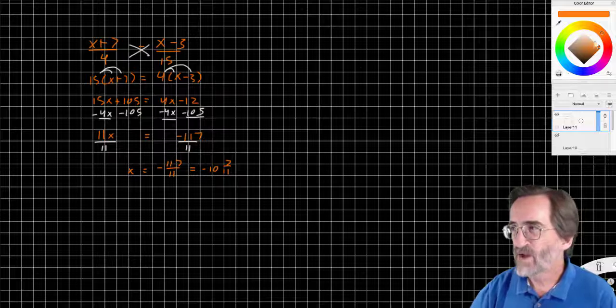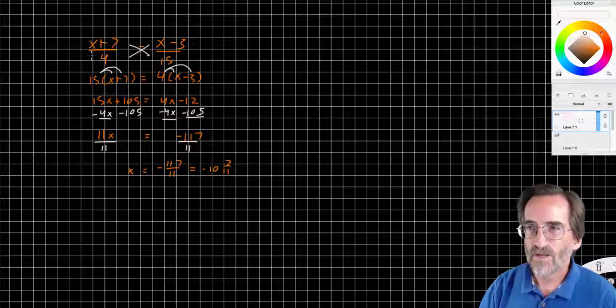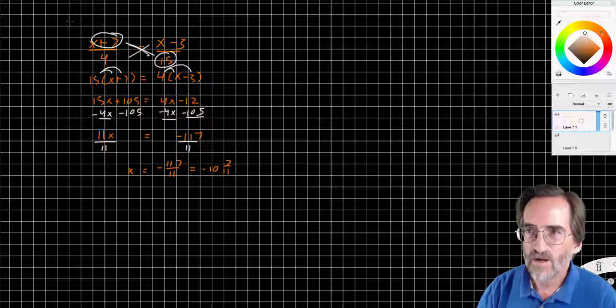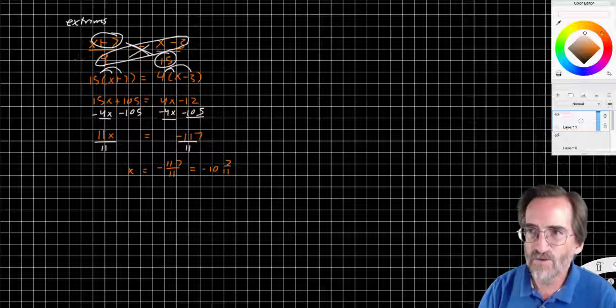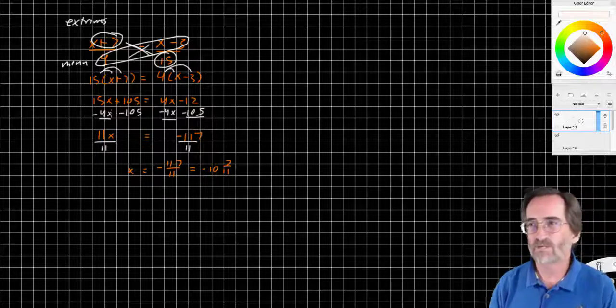But the idea is cross multiplying and dividing. The product of the means is the product of the extremes. You're going to hear that here. The downward diagonal is called the extremes, and the product of the upward diagonal is called the means. The product of the means equals the product of the extremes.